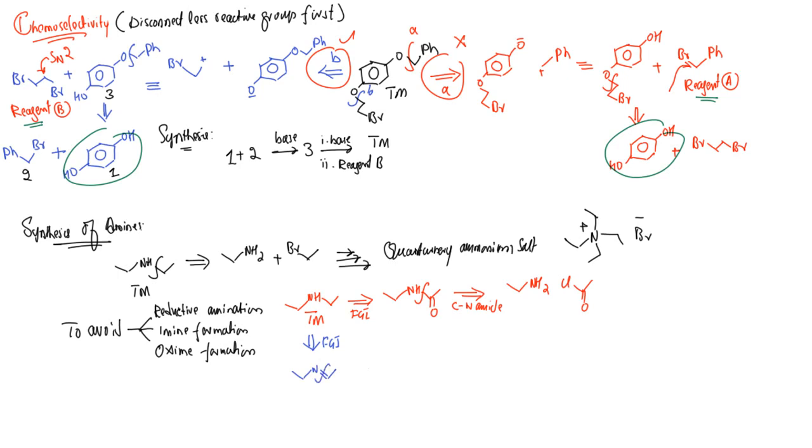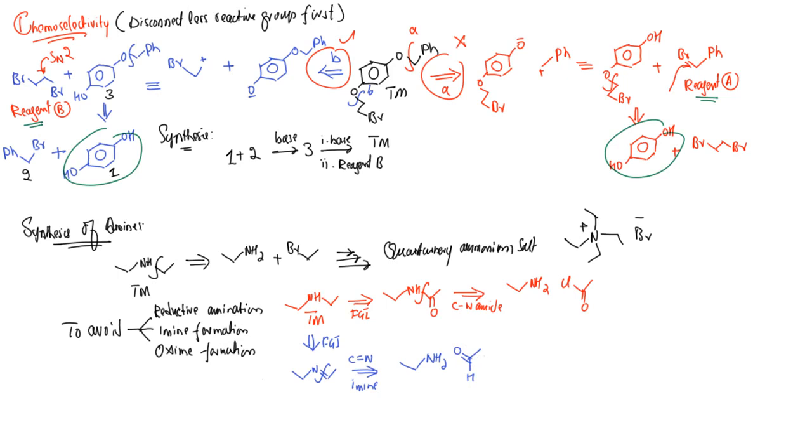Let me now break C double bond N, which is an imine. Now I will get the reagents as a primary amine and an aldehyde. So in this way we can avoid the problem of chemoselectivity.